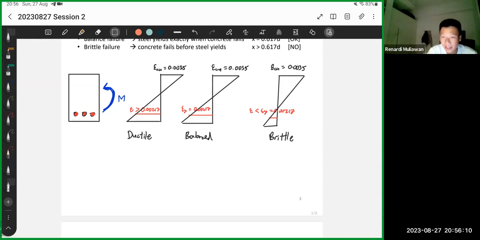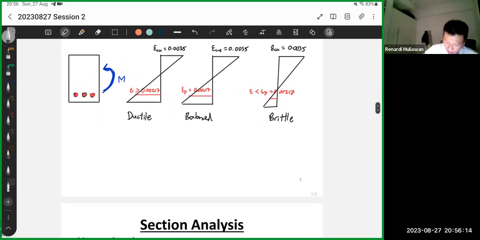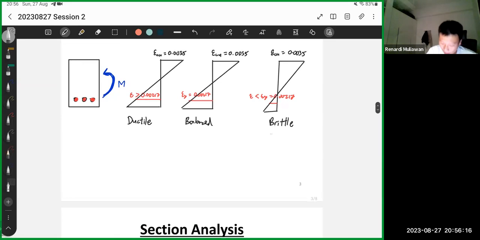So why is this significant? To put it simply, if it's brittle failure, then it means that steel has not reached its full strength.